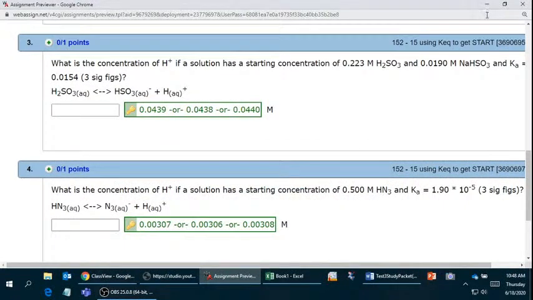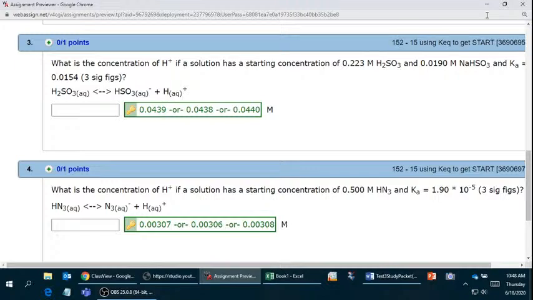The first one is: we have an H+ solution and sulfurous acid, H2SO3, dissolving. We're given the starting concentration of H2SO3 as 0.223 molar, and the starting concentration of HSO3- as 0.0190 molar. We're being asked to find the concentration of H+.